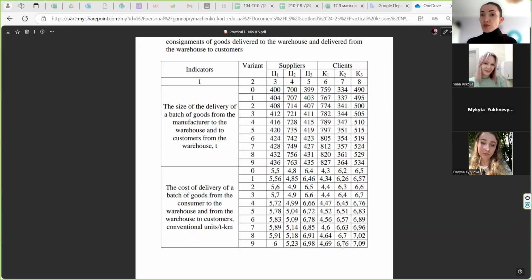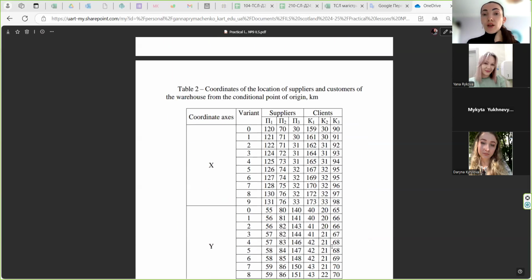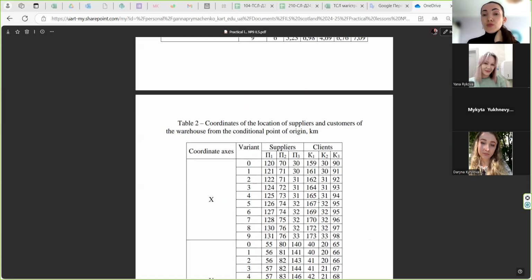Our second parameter is distance. We need to find the distance, how many kilometers we need to deliver to our client number 2. We use for X our second line and our second column from the end for K2. 30 kilometers, 31 kilometers, 32 kilometers. Please find for your variant only by axis X.